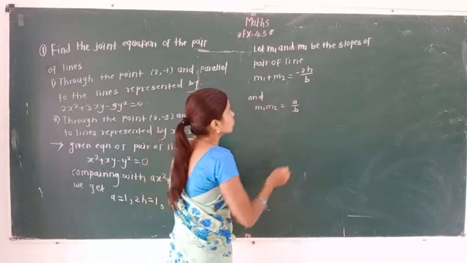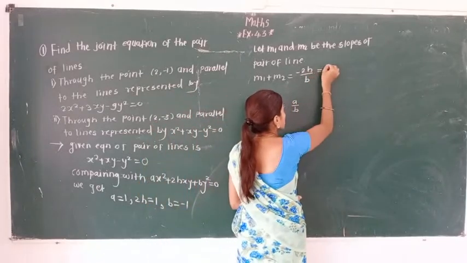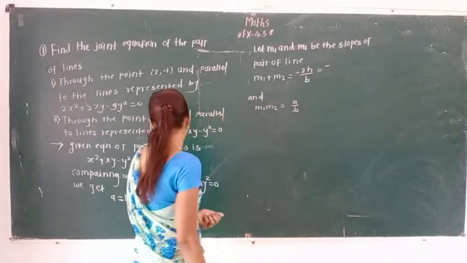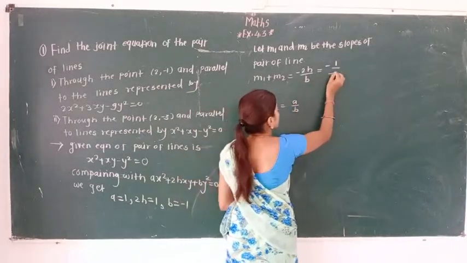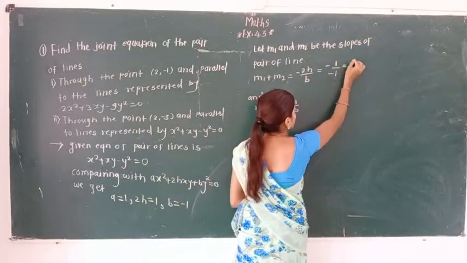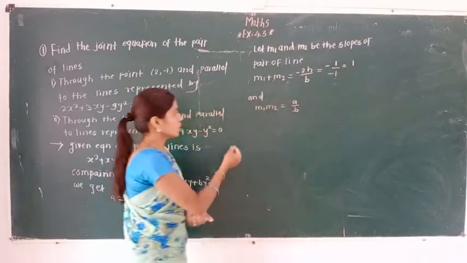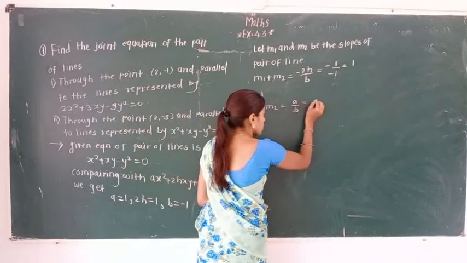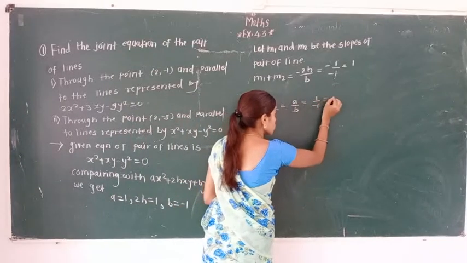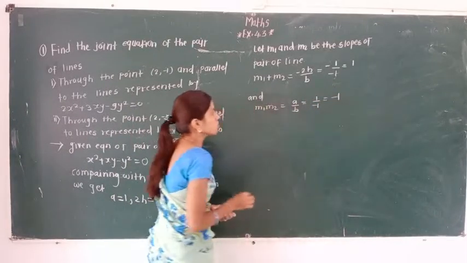Now the value of 2h is 1, the value of b is -1, and the ratio of these gives -1. The value of a is 1 and the value of b is -1, so the ratio of these two terms is -1.